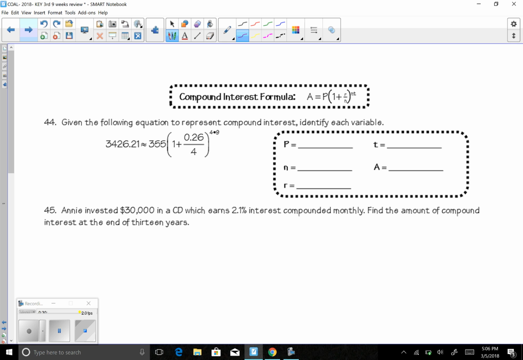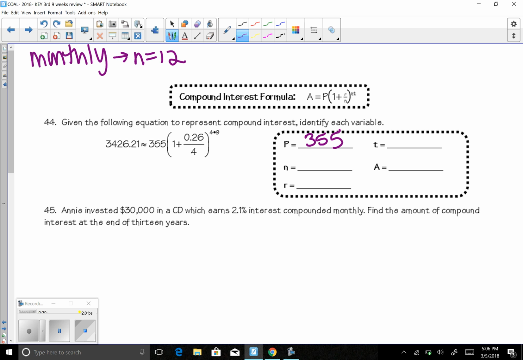and you're going to identify each variable. Okay, so my P, remember, that's your principal or your starting amount. So that is 355. N is how you compound. So if you remember, there are different ways you could compound. You could compound monthly. That means N is 12.